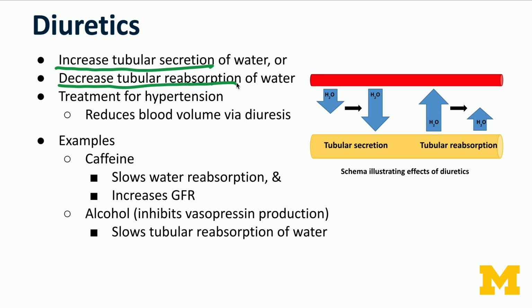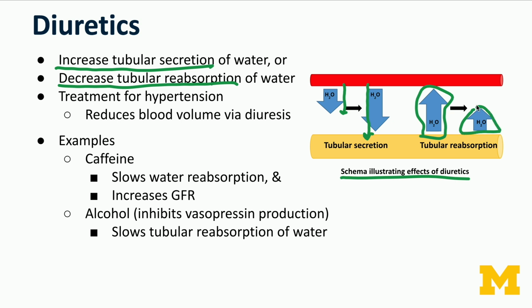So let's take a look at what that means over here in a very simplistic schema. So by increasing tubular secretion of water, that means we go from moving a little bit of water from the blood into the tubes to a lot more water from the blood into the tubes. By decreasing tubular reabsorption, we would take what would be a larger volume that was resorbed from the filtrate into the blood, and we reduce that into a lower amount.